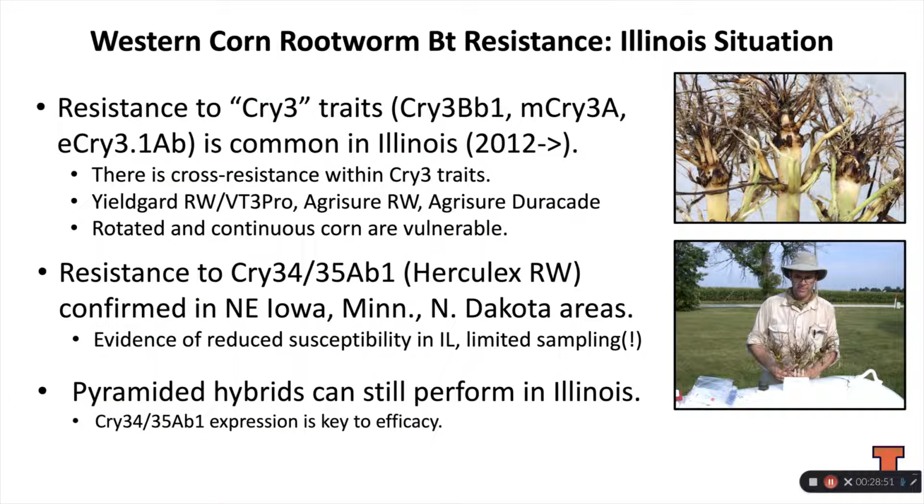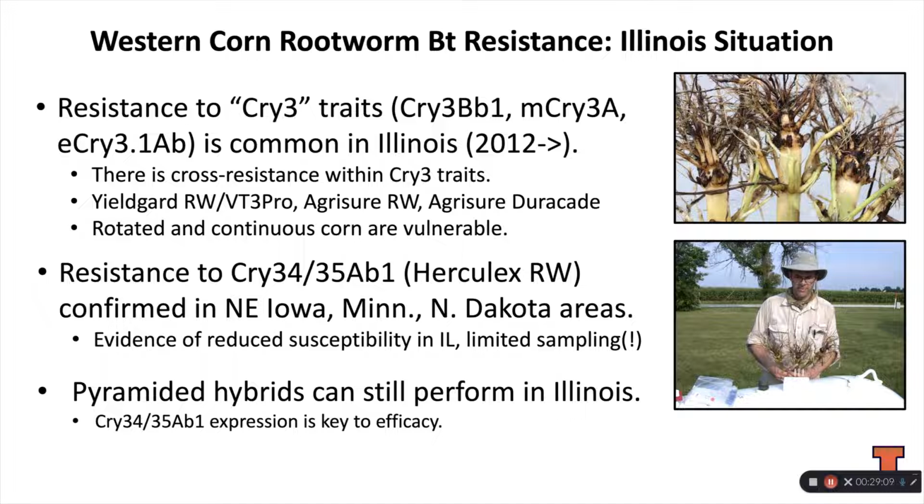The situation in Illinois is similar to what's found elsewhere in the Corn Belt. We have resistance to the Cry3 traits that is common in Illinois. We also know that cross-resistance is present among the Cry3 traits and that it's in both rotated and continuous corn.